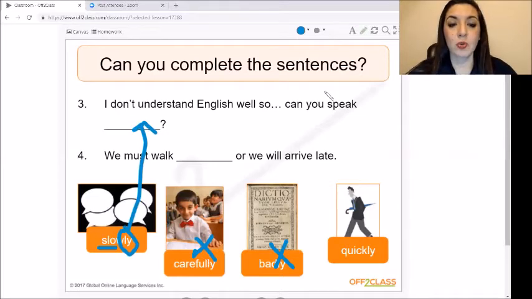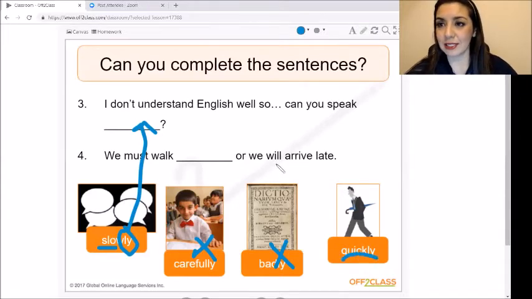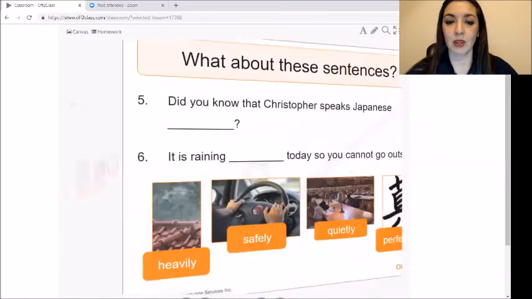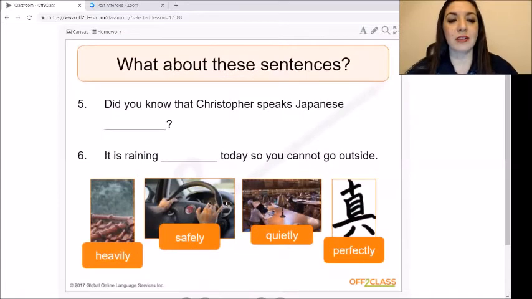Number 4, we must walk quickly or we will arrive late. So how will we walk? Quickly is the adverb, quickly. Number 5, do you know that Christopher speaks Japanese?